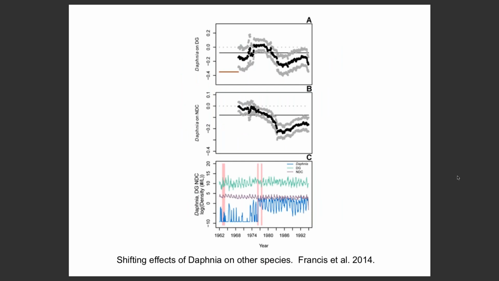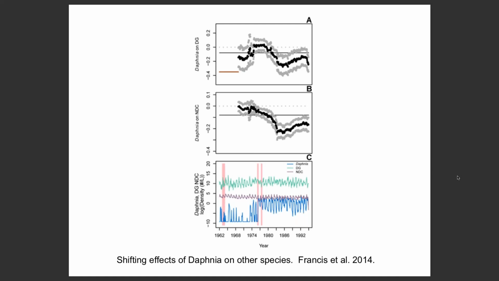And same as Mark was showing in his study, what we see in this is changing interaction strengths over time. As this system is changing, the effect of Daphnia on the other non-Daphnia cladocerans changed from having very little effect to having a strong negative effect.